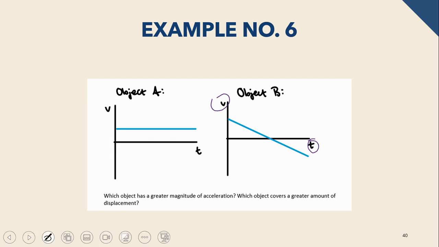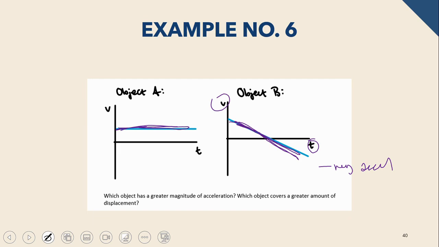The slope of the graph for object A is 0. This is a horizontal line. The velocity is not changing. It's constant. Whereas the slope for object B is non-zero. This is a linear graph. It's a backslash, so it does have some negative acceleration. So the magnitude of acceleration is greater for object B than it is for object A.